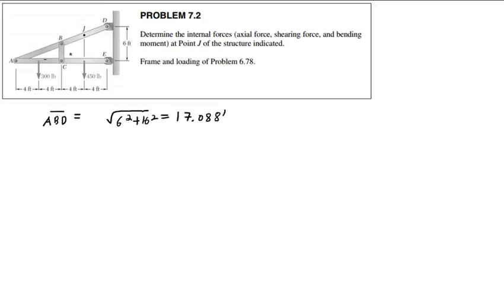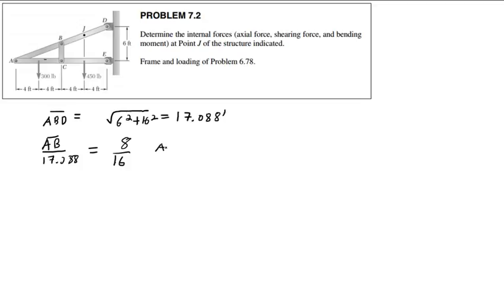Then the rest of this I can just do through similar triangles. That was the key. So AB then must be to 17.088 as 8 is to 16.